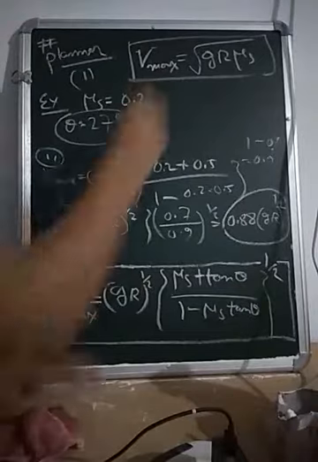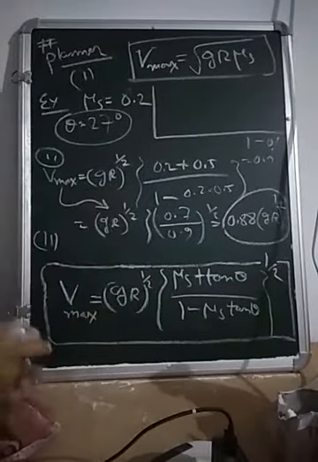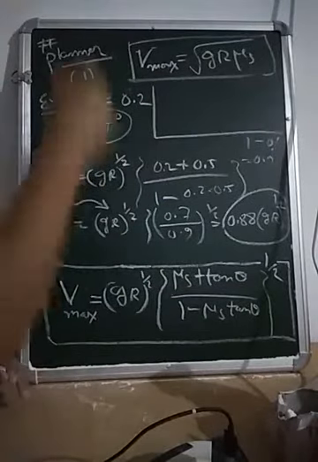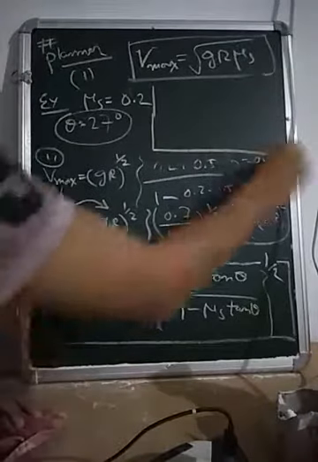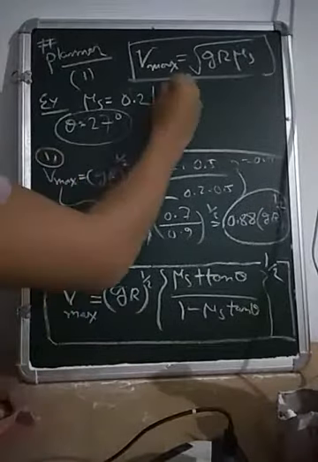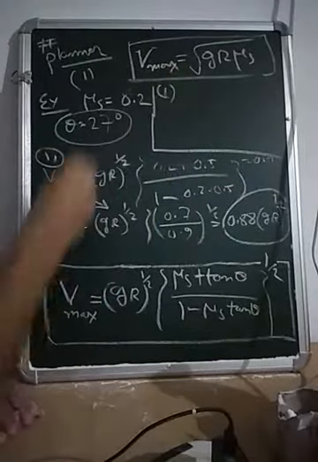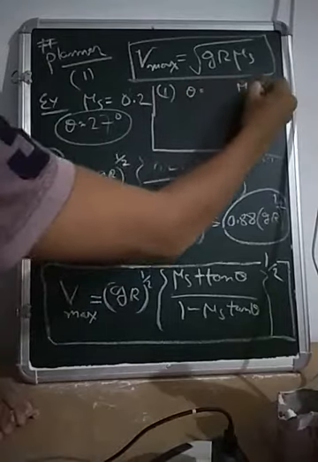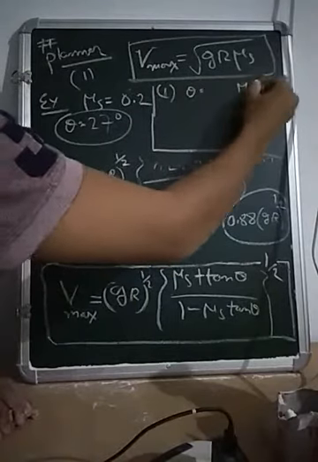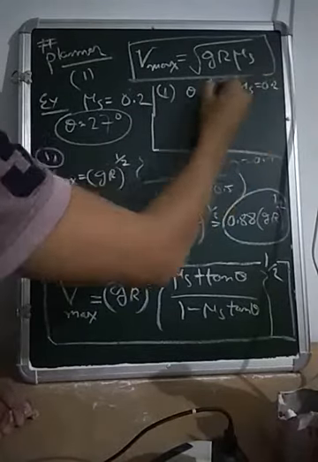If there is no banking, now I am taking this for a planar road, this is case 1, so theta will be 0. I am taking the second example, second case, mu is equal to 0.2 and theta is equal to 0 degrees.